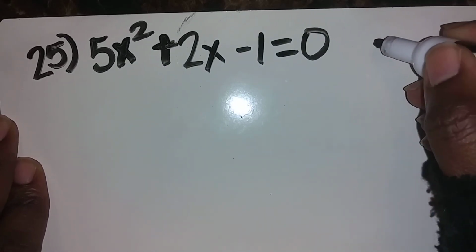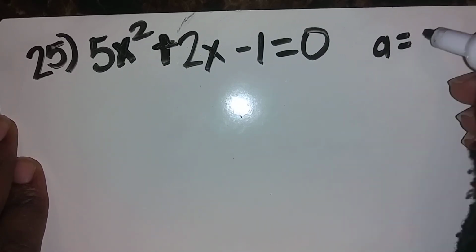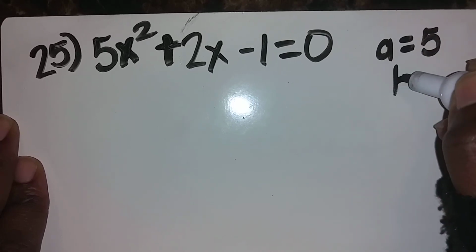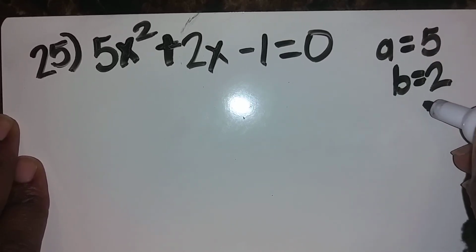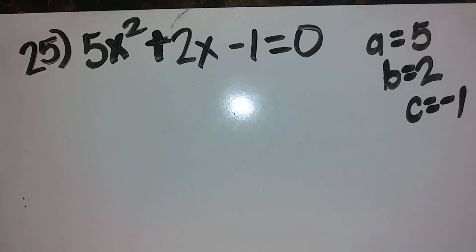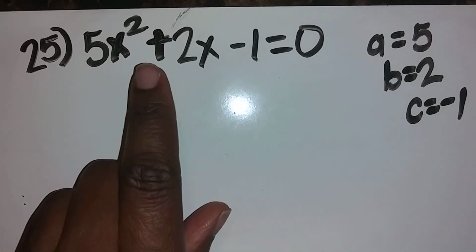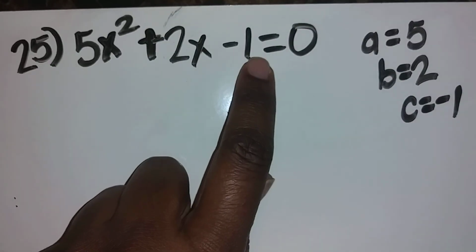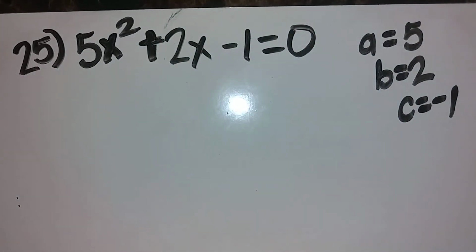My a is 5, my b is 2, and my c is negative 1. Notice that on 25 it was already in standard form, and it equals 0. It's already in standard form, so very easy to identify a, b, and c.